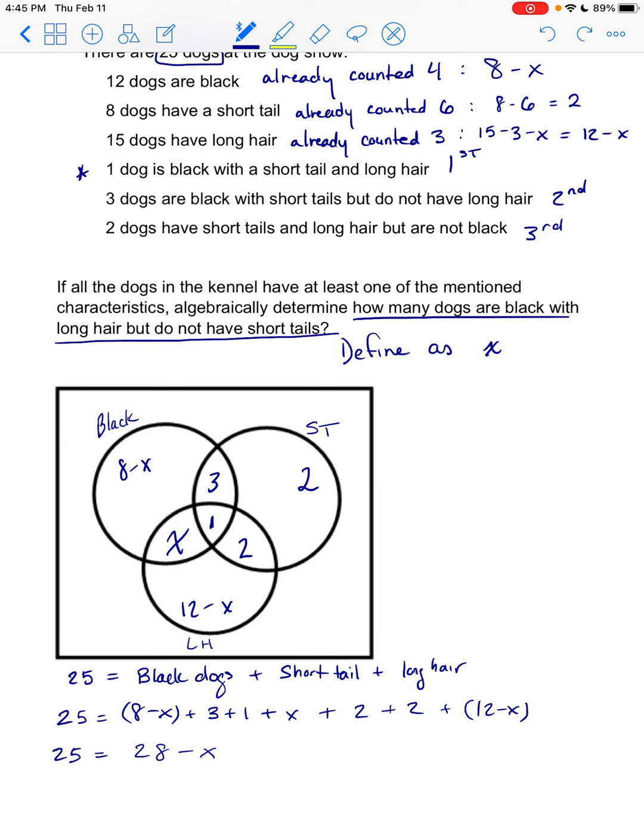And then all the numbers added up are 28. Now we just need to solve for x, and we'll do so by rearranging this equation. I'm going to bring x over to my left-hand side and bring the 25 over to the right-hand side and get x is equal to 28 minus 25, so x is equal to 3. So we have 3 dogs that are black with long hair and no short tails.